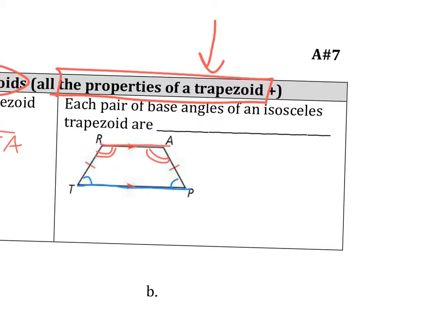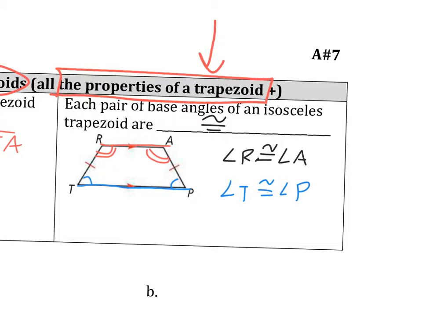It would end up being probably a parallelogram, and more specifically, it would end up being a rectangle if those were congruent. So the answer here: base angles of a trapezoid are also congruent. Paying attention to angle R congruent to angle A, and then angle T being congruent to angle P.